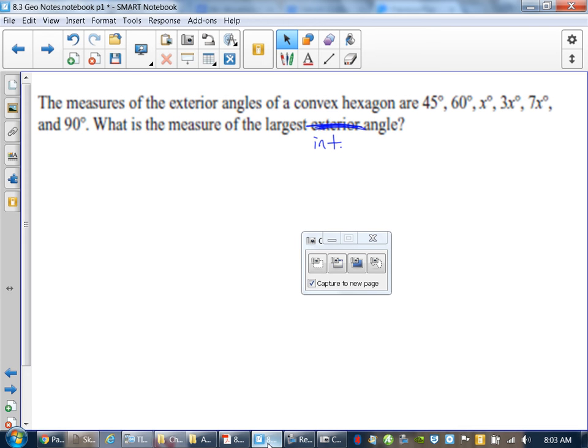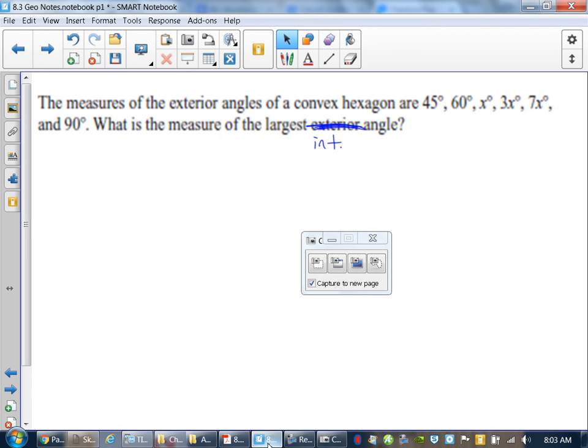What about this? 360 equals, what's 45 plus 60? 105. You've got to add all the angles up, don't you?